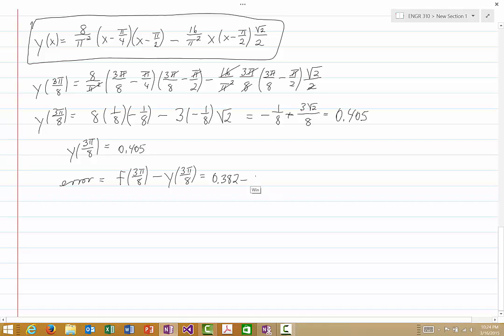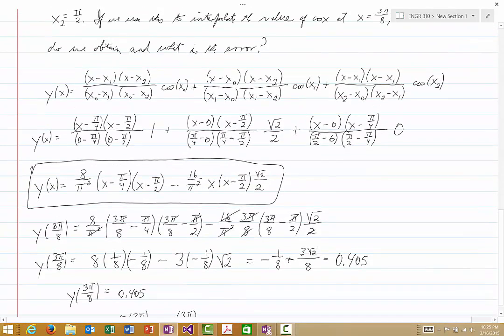So we have 0.382 minus 0.405, and that will give us minus 0.023. And that is a minus 6% error.